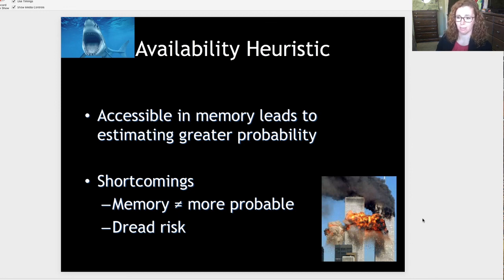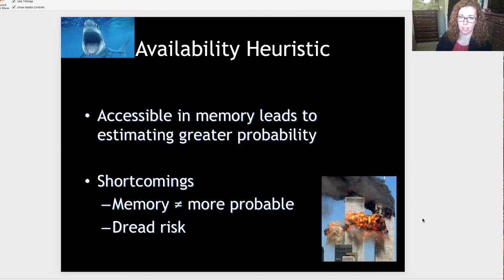In fact, flying is quite safe, except for maybe when there's a global pandemic. But because there were very accessible memories of plane crashes, you estimate that those are more likely to occur. Same with shark attacks.